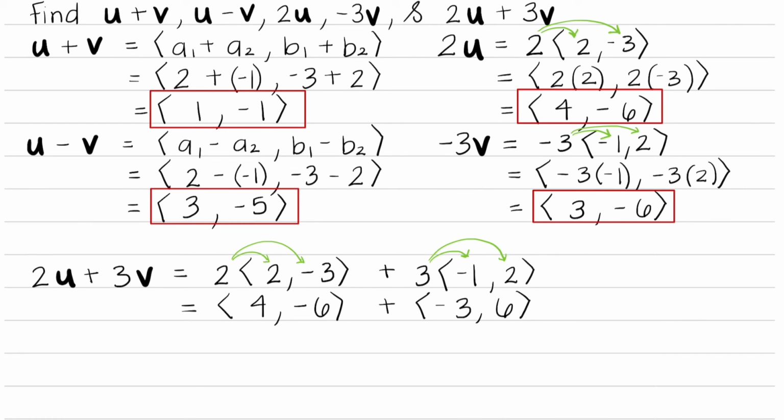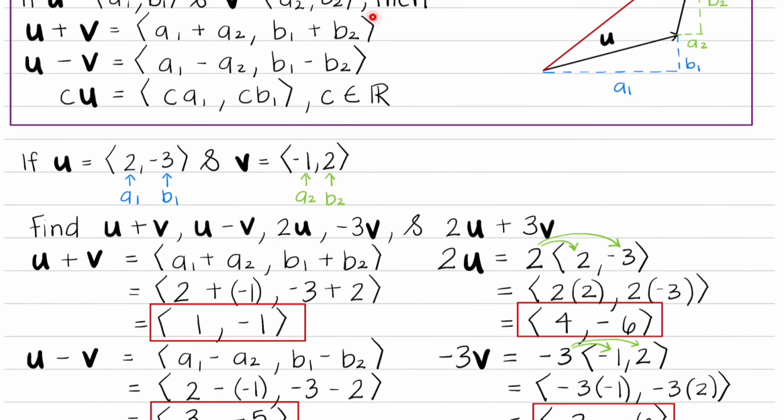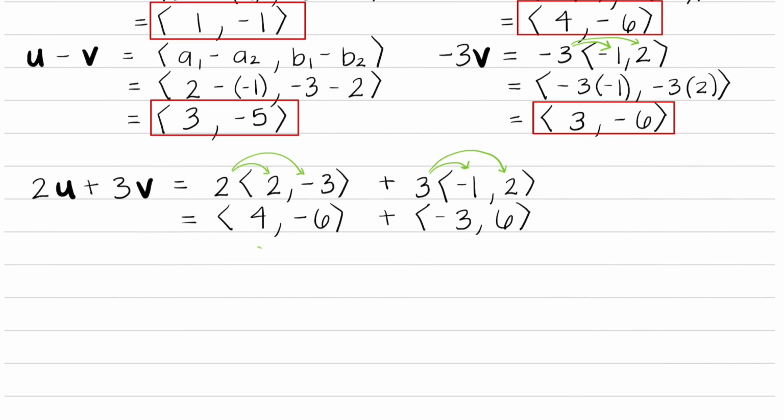So now what we're left with is two vectors adding each other. And like our formula says above, we know that when we're adding vectors, we add the a's and the b's. So here, our a1 is 4, and our b1 is negative 6, and our a2 is negative 3, and our b2 is 6. So let's write the formula here.